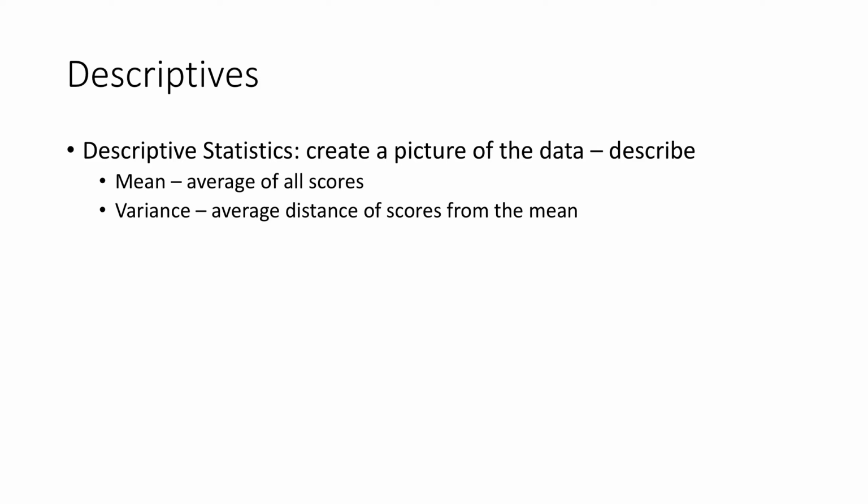Some non-parametric versions might be the mode if I have categorical data, which data point happened the most often. Or if I have very skewed data, which we'll get to in a second, where there are a couple of extreme values, the median might be more interesting. That's why they use median housing prices and median incomes in areas, because you're going to have a lot that center towards the bottom and a few high outliers.